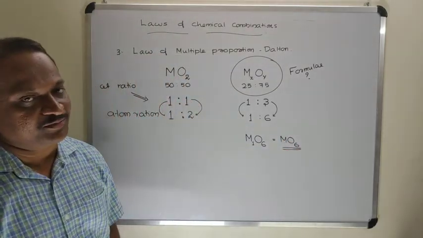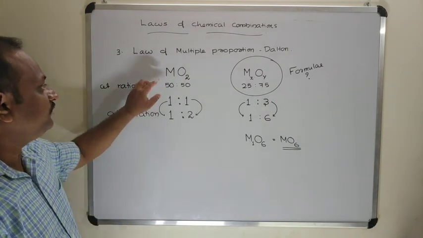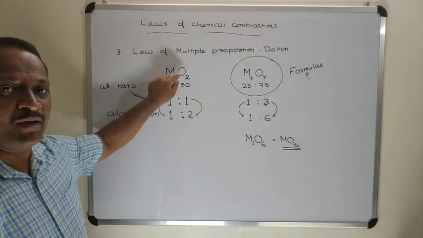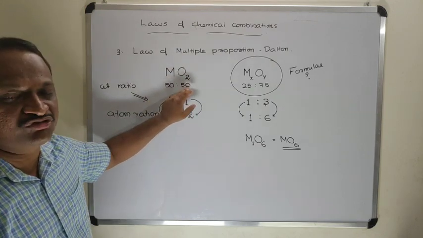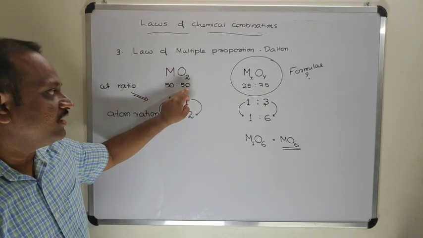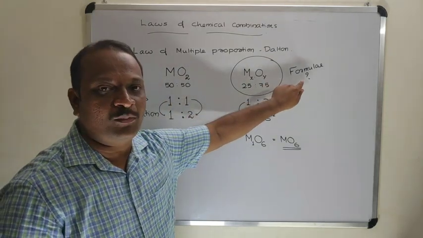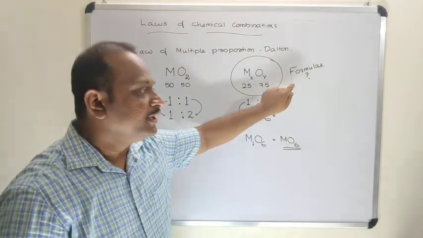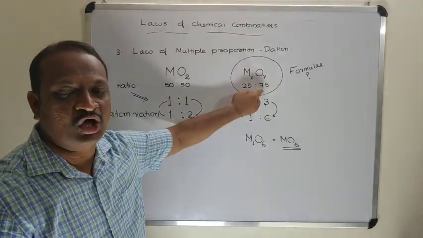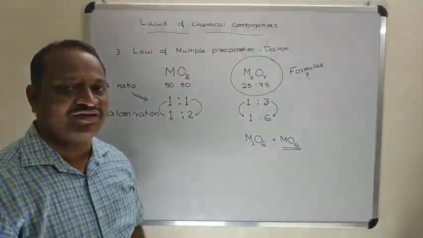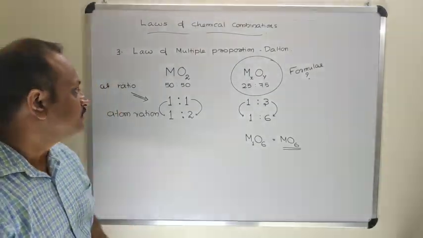See the problem once again. We are provided with the first metal oxide MO2, where we have 50% metal and 50% oxygen. Now they are asking what is the formula of the second metal oxide with 25% metal and 75% oxygen. To solve this, what approach have we considered?